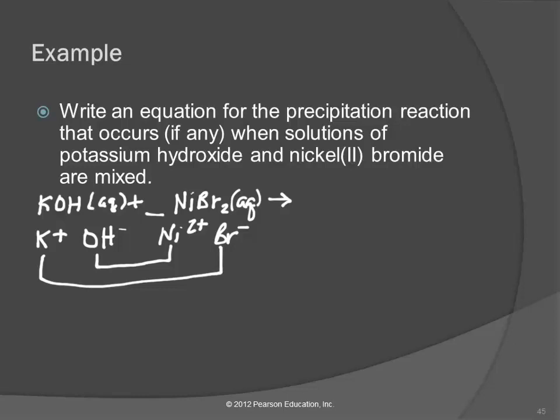It does matter that you put the cation first and then the anion, because that's how we always do it, Mr. and Mrs., just by convention. So I'm going to put K+ with Br-, and the Ni2+ with the OH-.